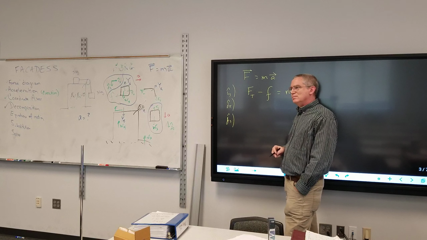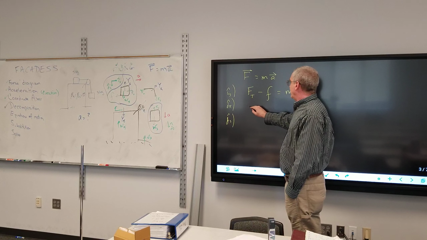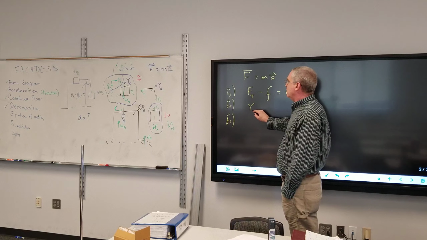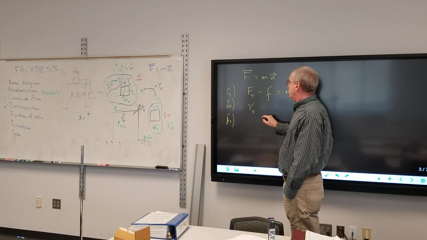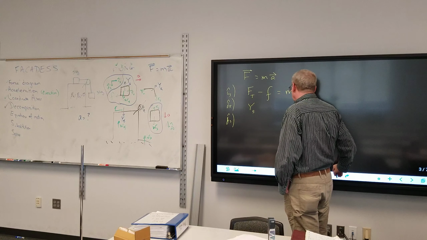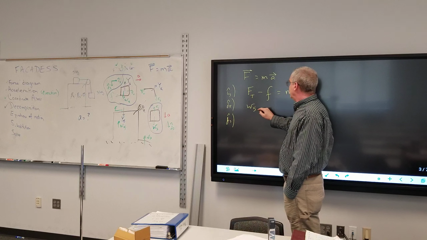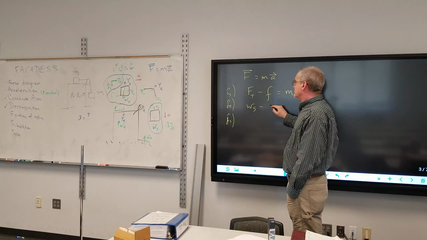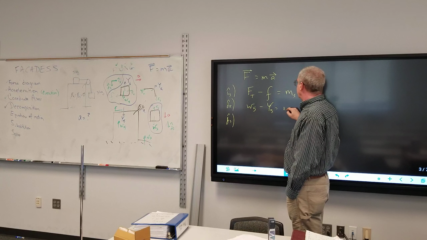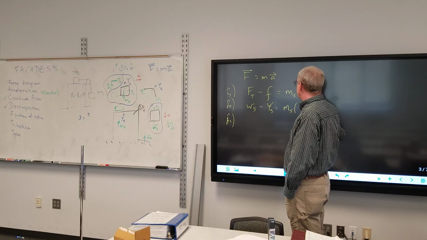Because the weight's pulling it down. Yep. All right, so we have W sub 5 minus N sub 5 is equal to M5 times.